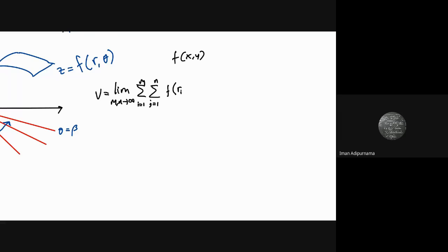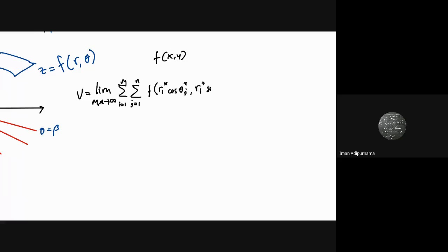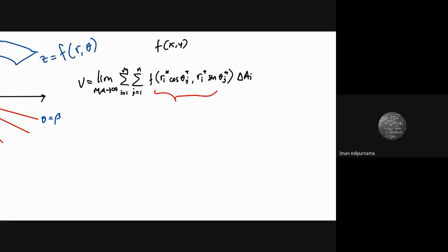So x is r cosine theta, and the theta will be j. And then delta A. And let's replace this f with another function that represents polar.